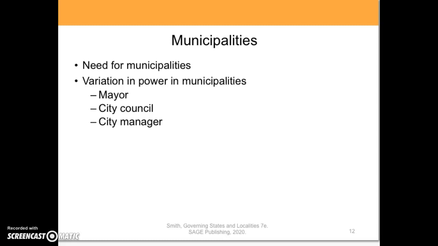Accordingly, they incorporate, bringing to life a legal entity, a municipality that grants them the right to a broad degree of self-governance.